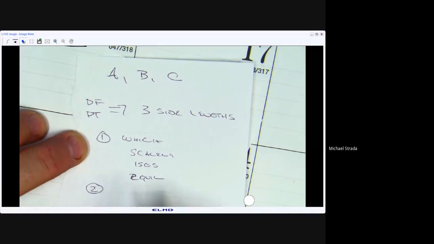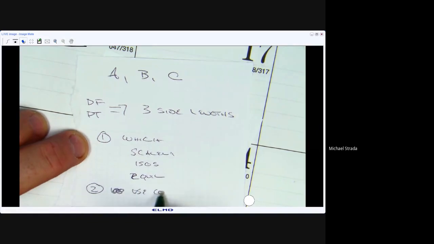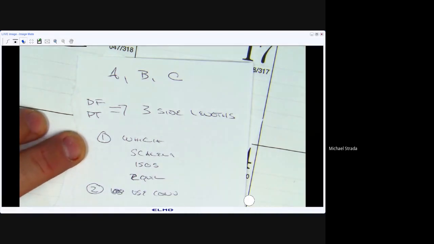Number 2 will be use the converse of Pythagorean theorem, give me an inequality. So that's the second part of all those. And then that'll be another multiple choice: acute, right, or obtuse. You're not going to get 72 of them.